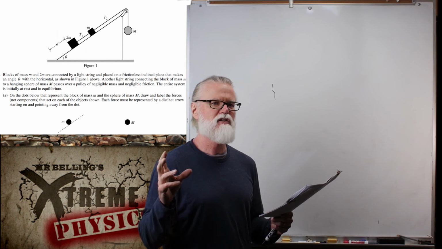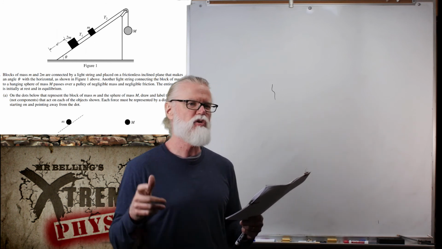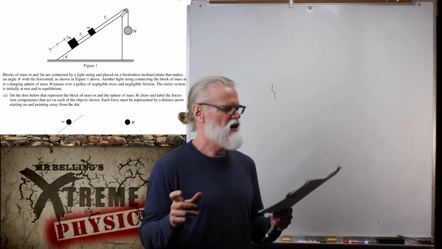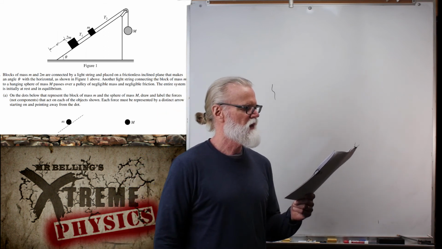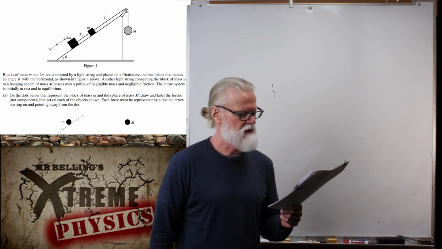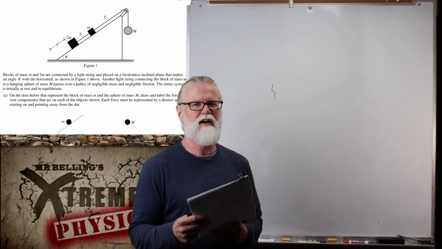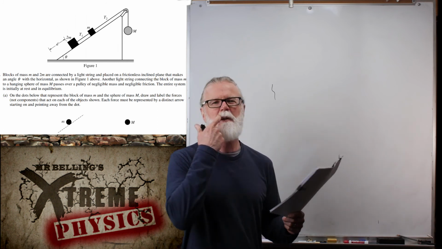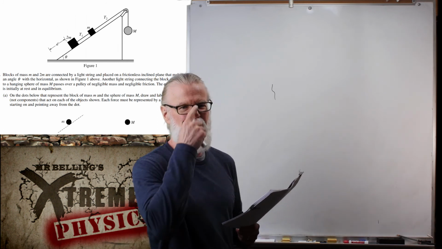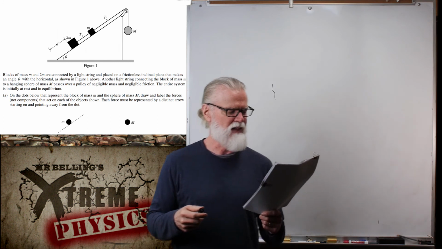Since there is no rotational inertia, it takes no net torque to rotate that thing, so the tension on both sides of the pulley are going to be the same. And negligible friction. All right, so there's no friction. So again, the tension T2 is going to equal the tension that is on the sphere, the hanging sphere.